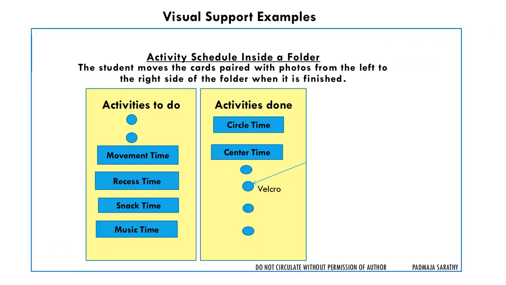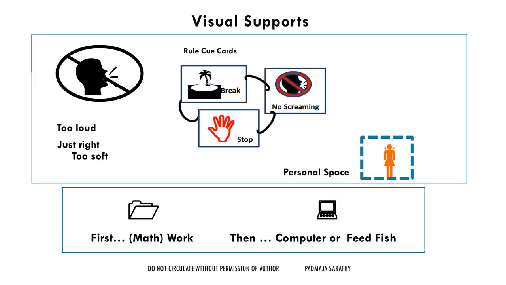Okay, visual supports. Make sure that you have an activity schedule that you use consistently, where the child is gradually moving the activity to the completed section. I'm sure many of you are using that. And make sure when you use an activity schedule, I didn't have photographs there, but make sure there is a photo paired with the text to bring immediate meaning.